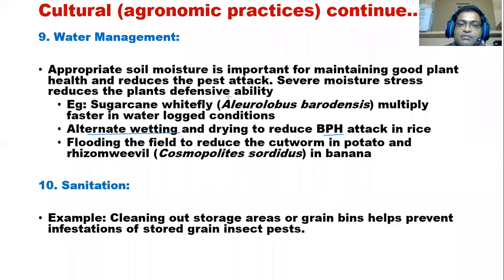Next is sanitation. Sanitation is the cleaning of your field. Whatever stubbles and debris are in your field, these stubble piles and debris act as breeding sites for pests, especially in coconut plantations. Leaves, rotten wood, rotten trunks of coconut, and even farmyard manure heaps are there.